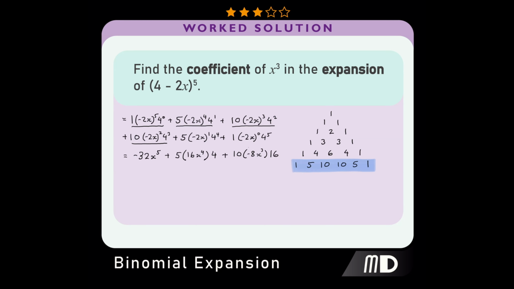10 multiplied by (minus 2x) squared multiplied by 4 cubed is equal to 10 multiplied by 4x squared multiplied by 64. 5 multiplied by (minus 2x) to the power of 1 multiplied by 4 to the power of 4 is equal to 5 multiplied by minus 2x multiplied by 256.